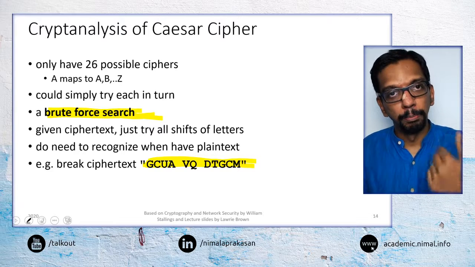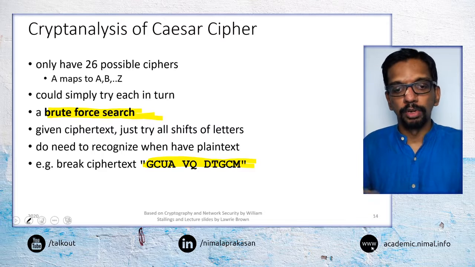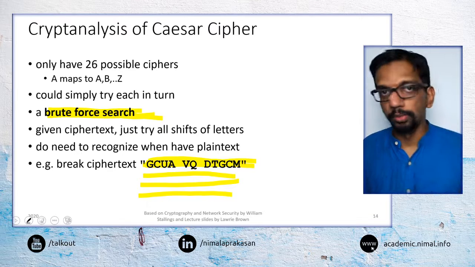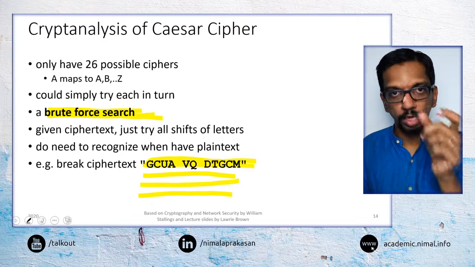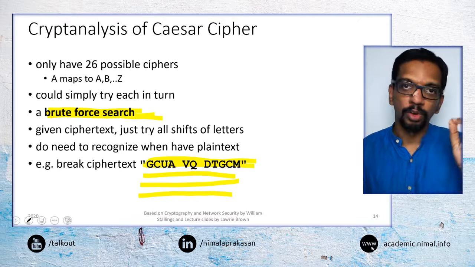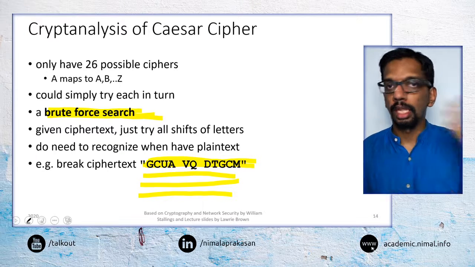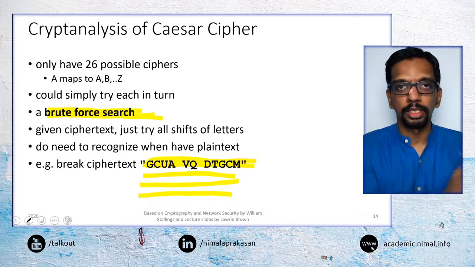Would G be B? Likewise, we can go through each of the combinations and write whatever the alternatives are for each, and one of them would make sense. One of them would be the actual plain text. And once we crack it for one ciphertext, then we know the key.